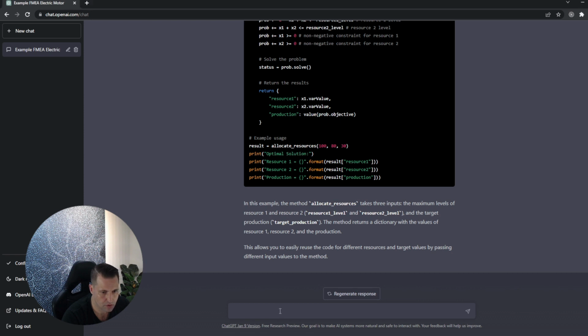Okay, so one more. I'm going to try one more iteration on this. Can you rewrite this method to accept a number of assets and their consequence as inputs?